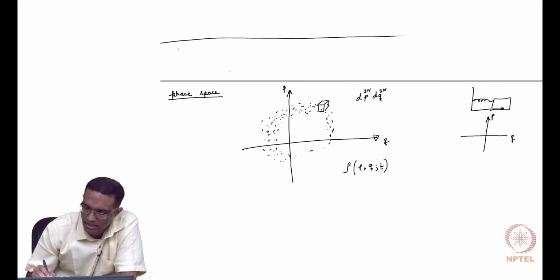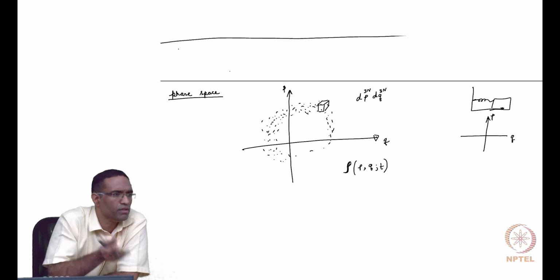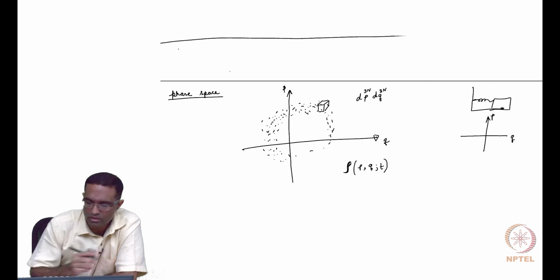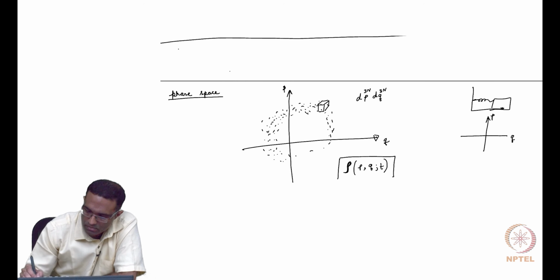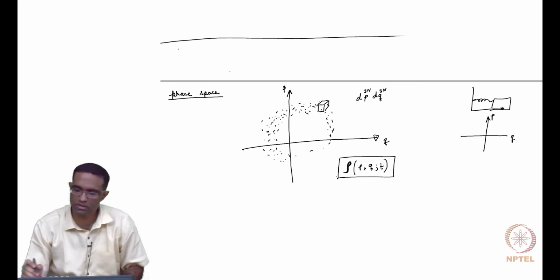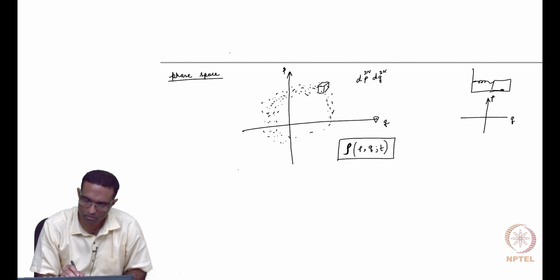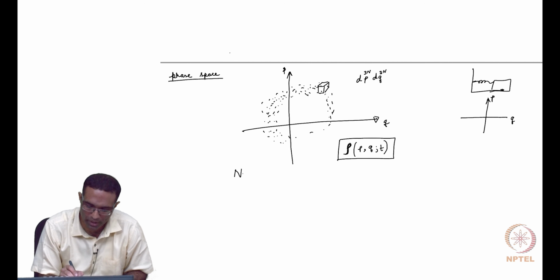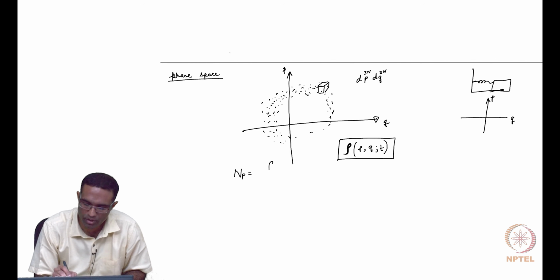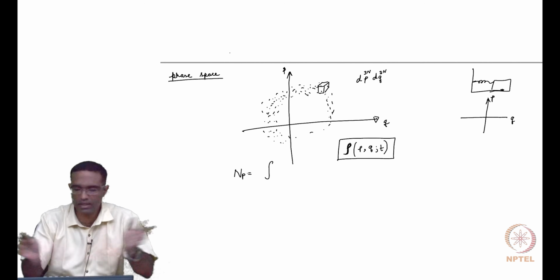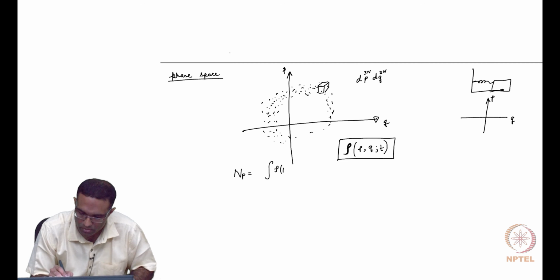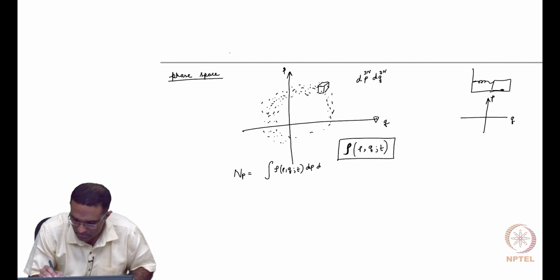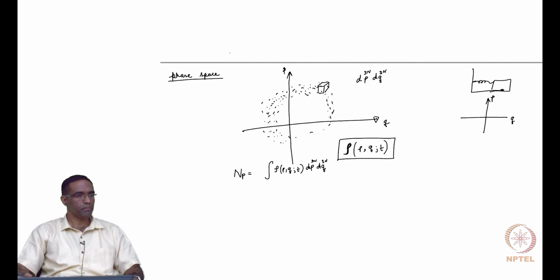So rho tells you how these points are distributed in the phase space. This is going to play a very important role in statistical mechanics. Clearly, the total number of points in this phase space is the integral over the entire phase space of rho(p, q, t) dp dq.